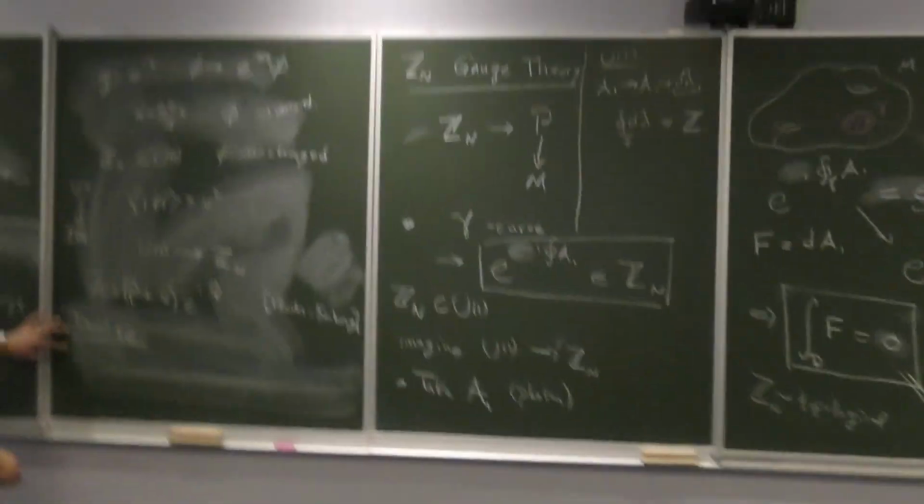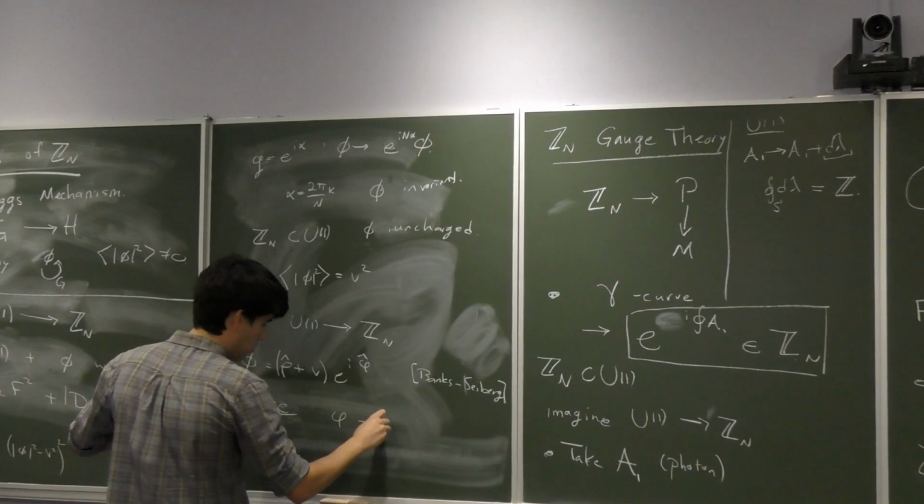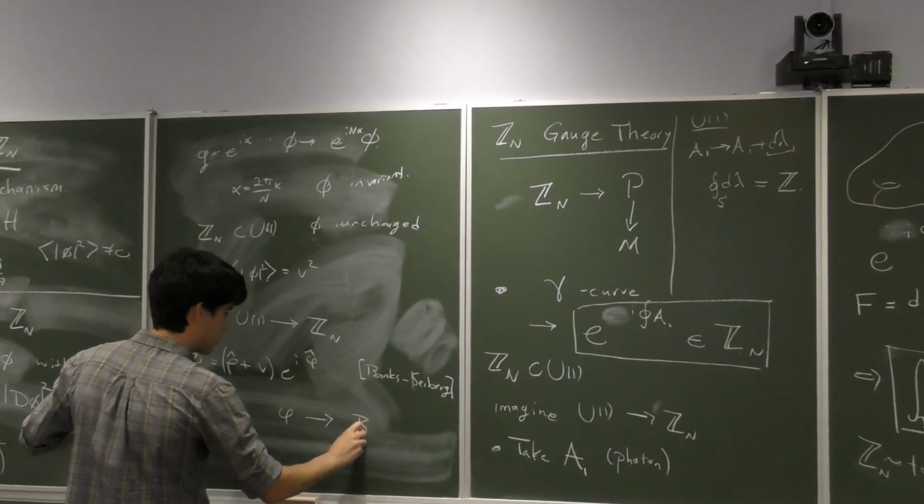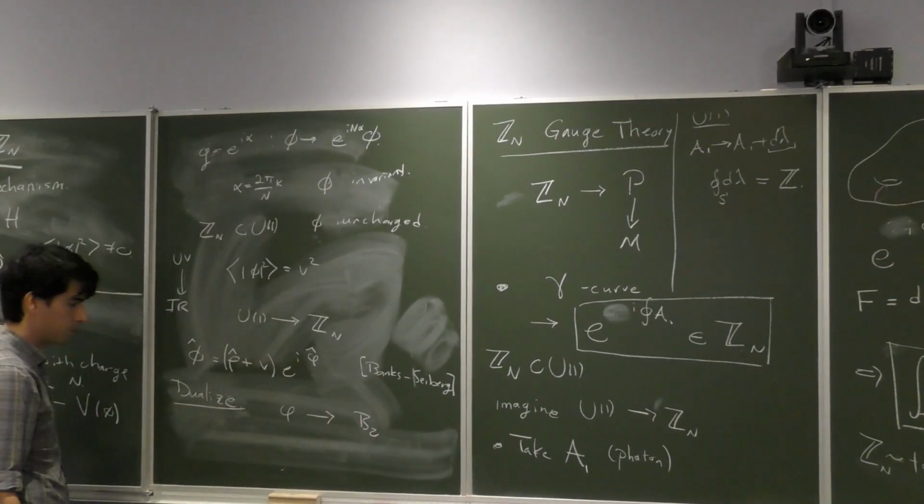But anyway, there's a process that you can do called dualization, and you can re-express it as a 2-form gauge field.